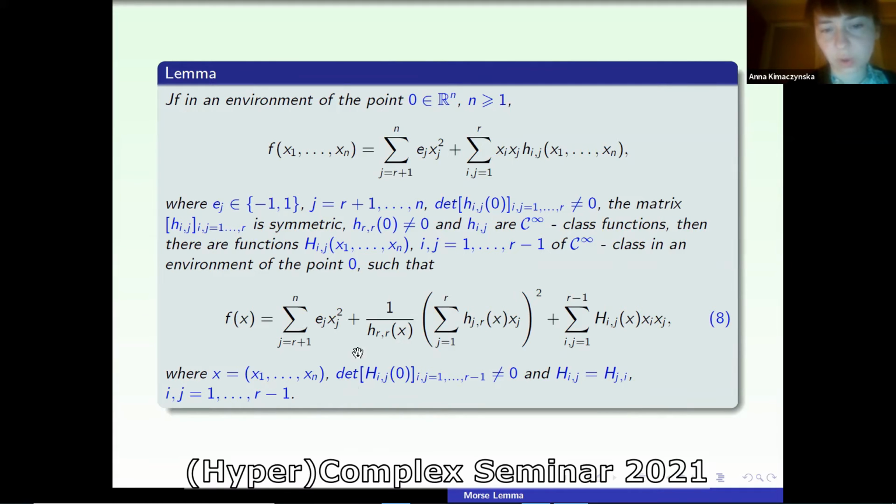The determinant of the matrix of large H_ij of 0 is not equal 0, and the matrix large H_ij is symmetric.